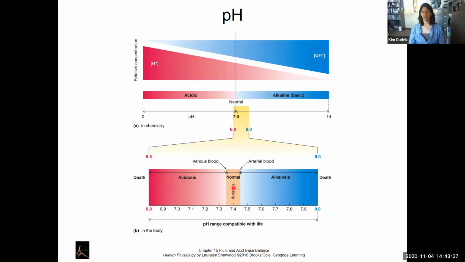So that's the average. We're just a little bit on the side of basic, right? But even, again, the wide range is what, if you fall out of it, then death can occur. And you can just see how narrow that range is on the pH scale. So really important, this concept of controlling pH.